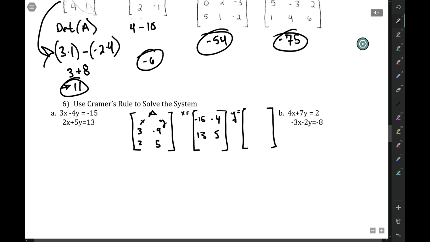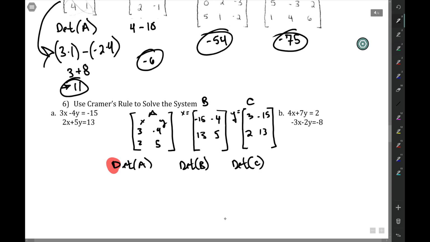And if you're solving for y, you replace that column: 3, 2, -15, 13. I'm going to need to find the determinant of each: the determinant of A, the determinant of B, and the determinant of C.